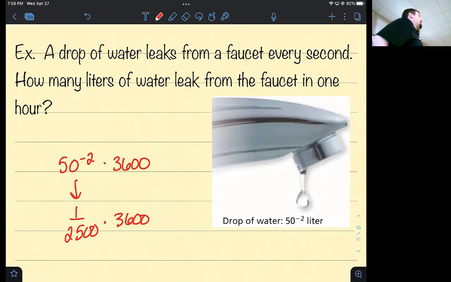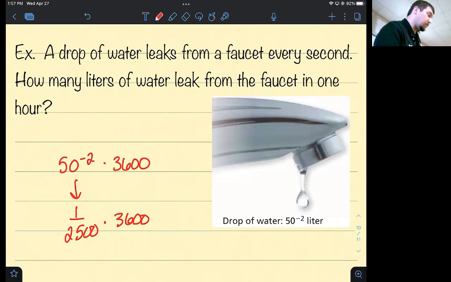Okay, what do you get? What's 3,600 divided by 2,500? This is awkward. Maddox?